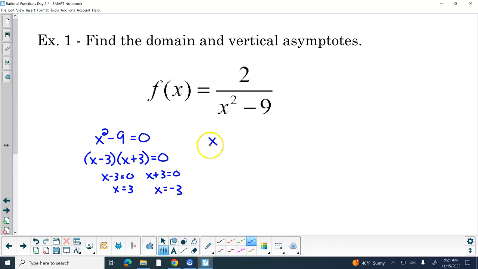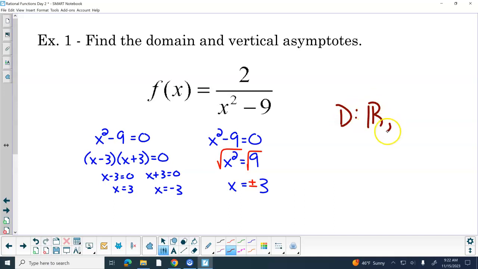Another way that I could do this is I could add 9 to both sides. And then I could take the square root of both sides. But if I take the square root and I'm solving, plus or minus automatically comes into play. So, my domain is all real numbers, but x cannot be plus or minus 3.